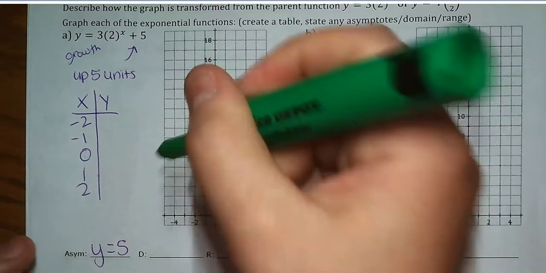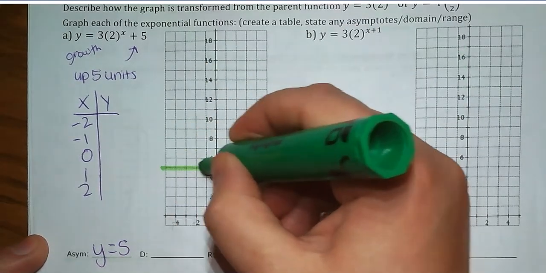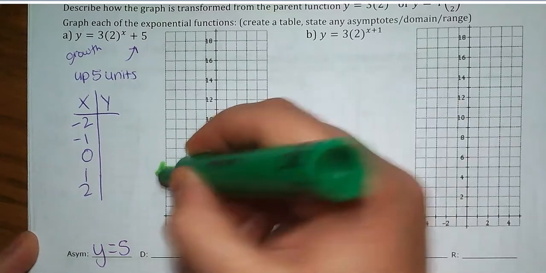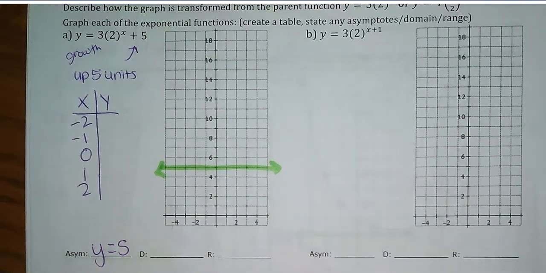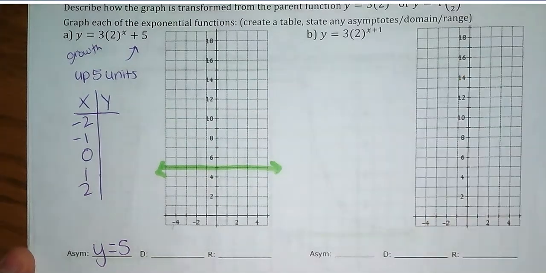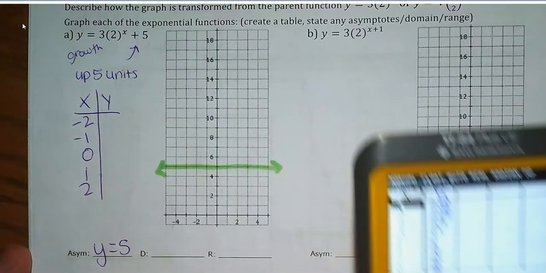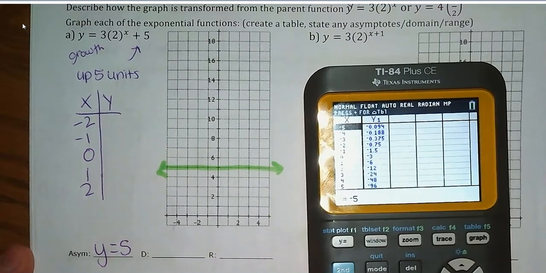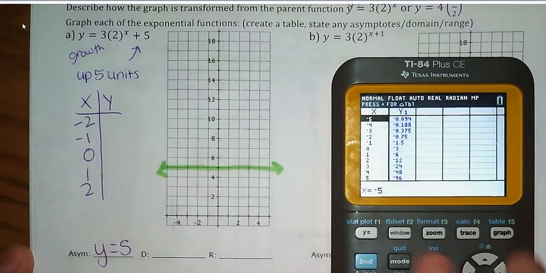So I'm just going to come to my graph right this second, and I'm going to plug in. This basically is shifting our x-axis up, and the shape of this is going to be that J shape. It's going to get really close, but it's never going to touch and never going to go over the 5. Okay, so let me just grab my calculator to speed this up a little bit.